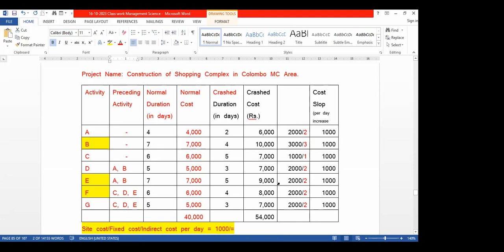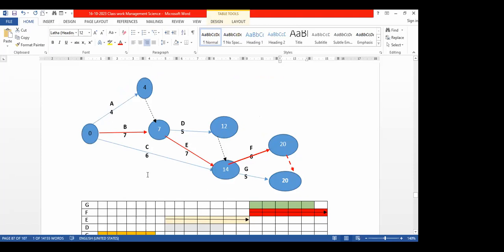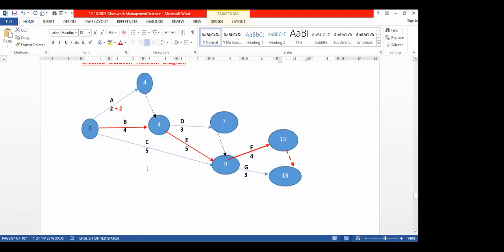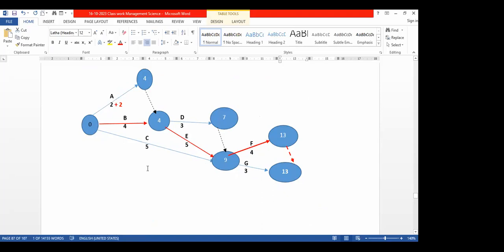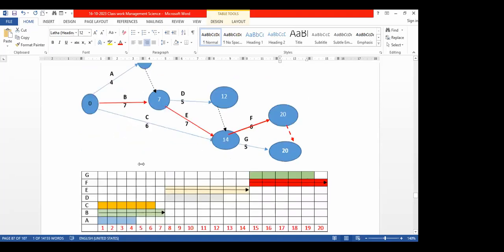Now you see that non-critical activity A. B is a critical, no problem. C, look at C. C, how many days have we reduced? 6 days. We have reduced as 5 days. Whether its reduction is needed in the C. No need. Why? You see 4 plus 5 is 9.